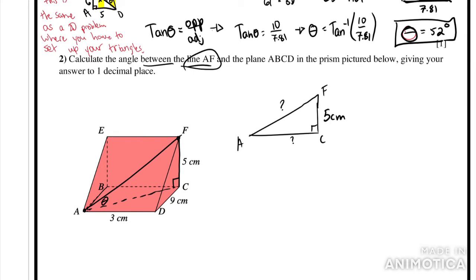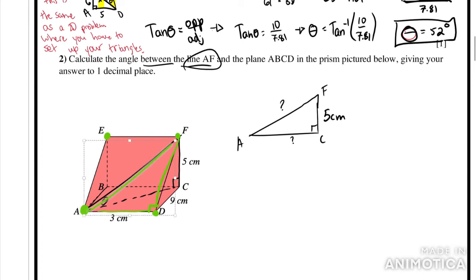Sorry, I'm actually getting mixed up. What I see here is, my first thought is I see A, E, F, and D, and I notice that A to F to D makes this nice right triangle here.